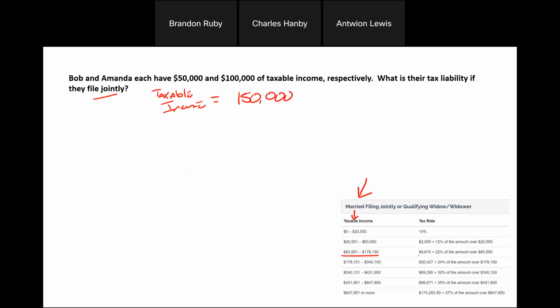So our tax liability is going to be $9,615, which is the tax liability for $83,550, plus 22% of the amount over that $83,550.